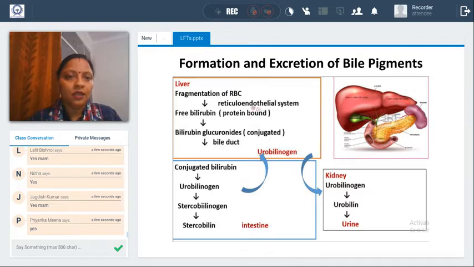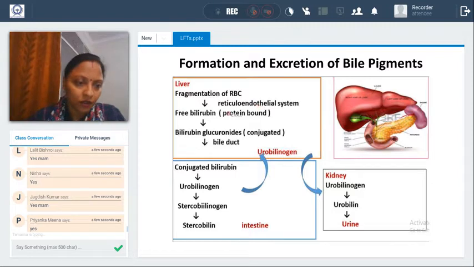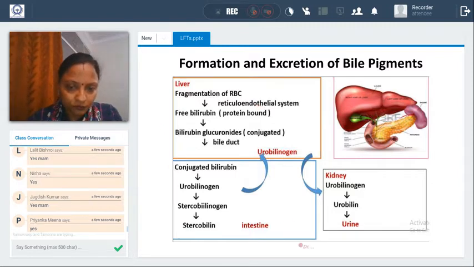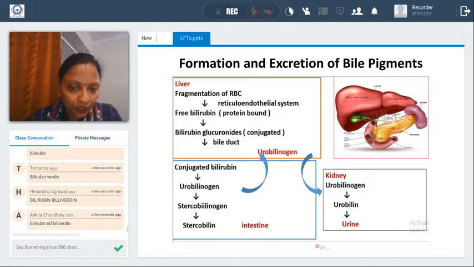This is the whole process of formation and excretion of various bile pigments. Name the bile pigments. Please write in the box. Yes, bilirubin and biliverdin.